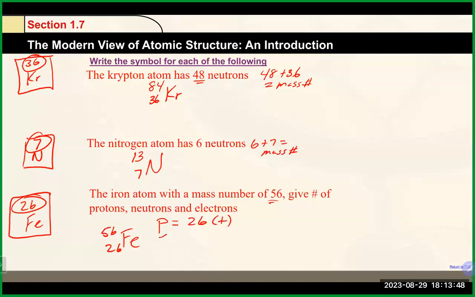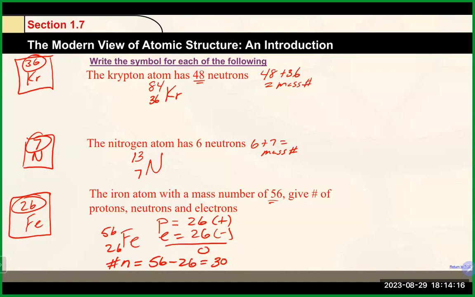It is neutral, which means the number of electrons would be 26, again giving us no charge. And our number of neutrons in this case would be our 56 mass number minus our 26 atomic number, which would be 30. Any questions on any of those? Questions on how to do mass number, atomic number, protons, electrons, neutrons?